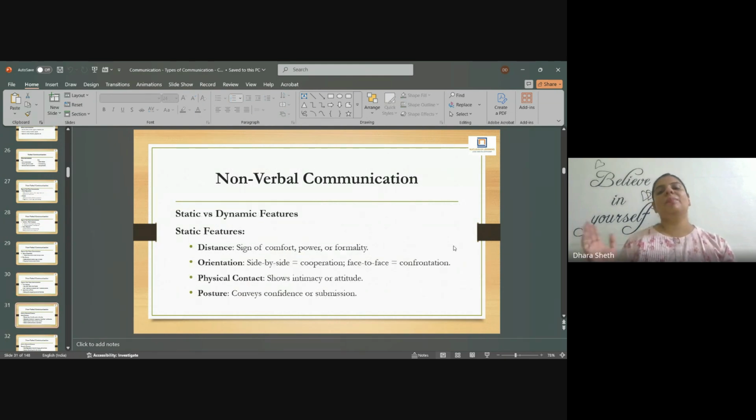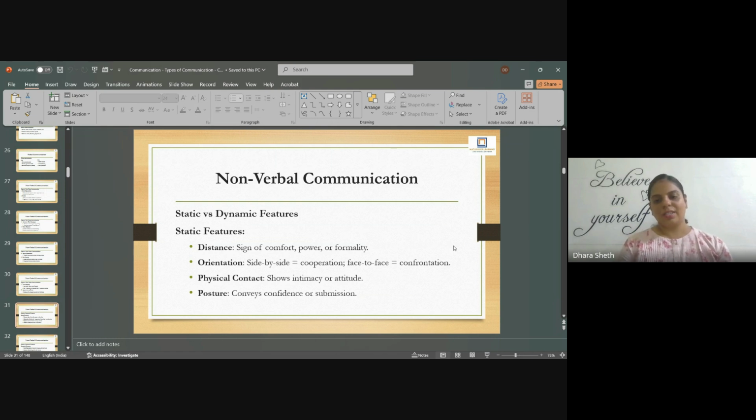The static and dynamic features of nonverbal communication. Static features: distance is a sign of comfort, power, or formality. Orientation: sitting side by side is cooperation. Face to face is when confrontation is happening; you can't look at someone at your side, you will go face to face.